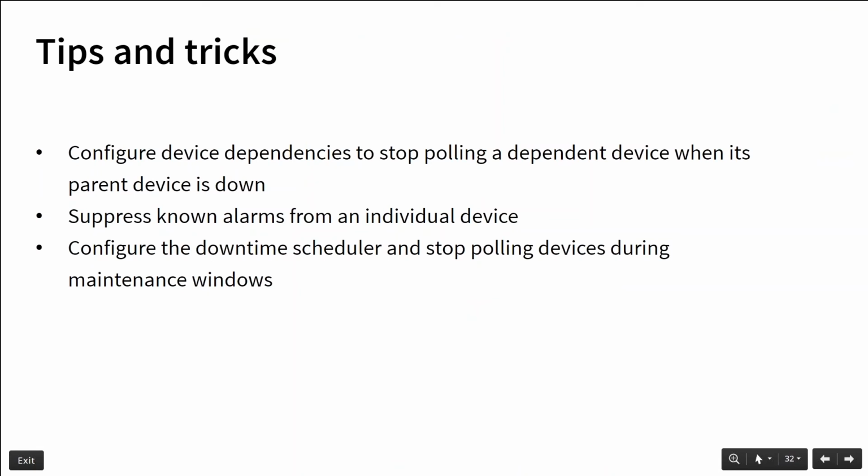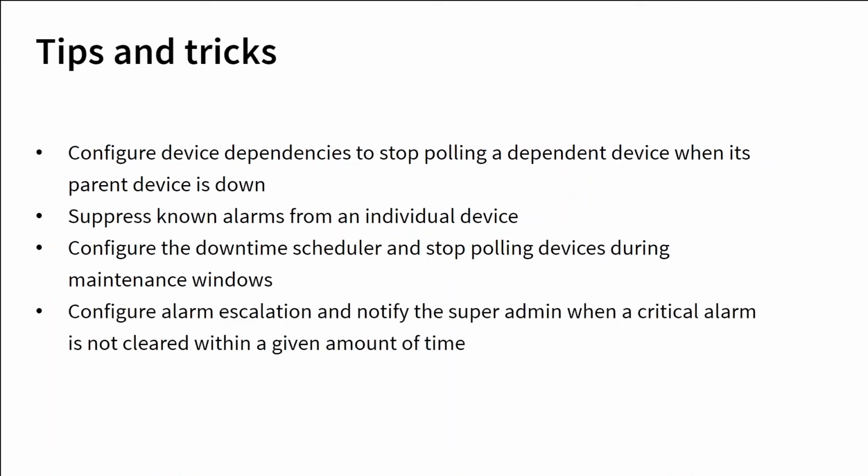And configuring downtime scheduler to stop polling the devices during a maintenance window. Whenever you know that the devices are going under maintenance, you can create a downtime scheduler for the respective devices, so that during that period, OpManager will not poll those devices because they are under maintenance.